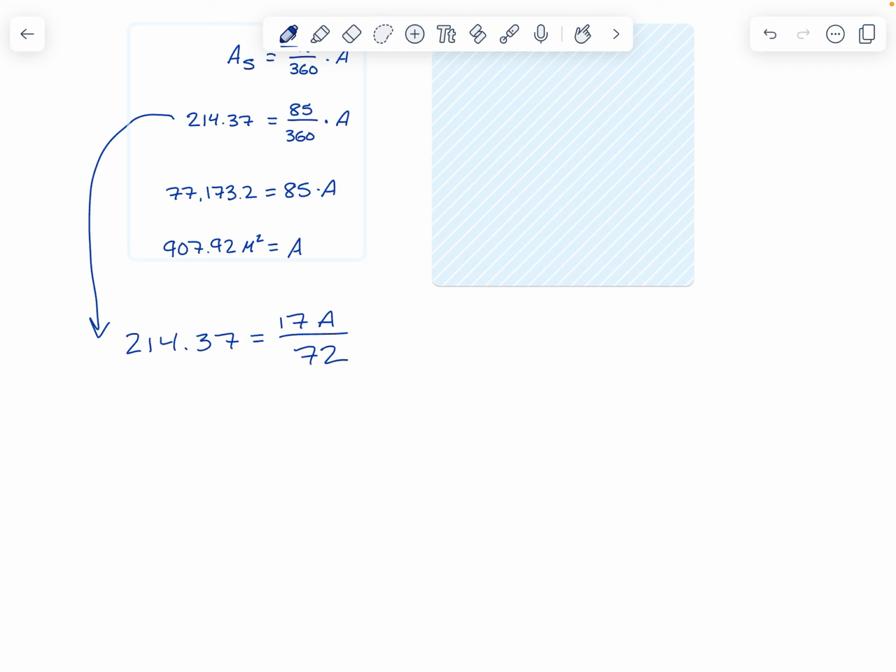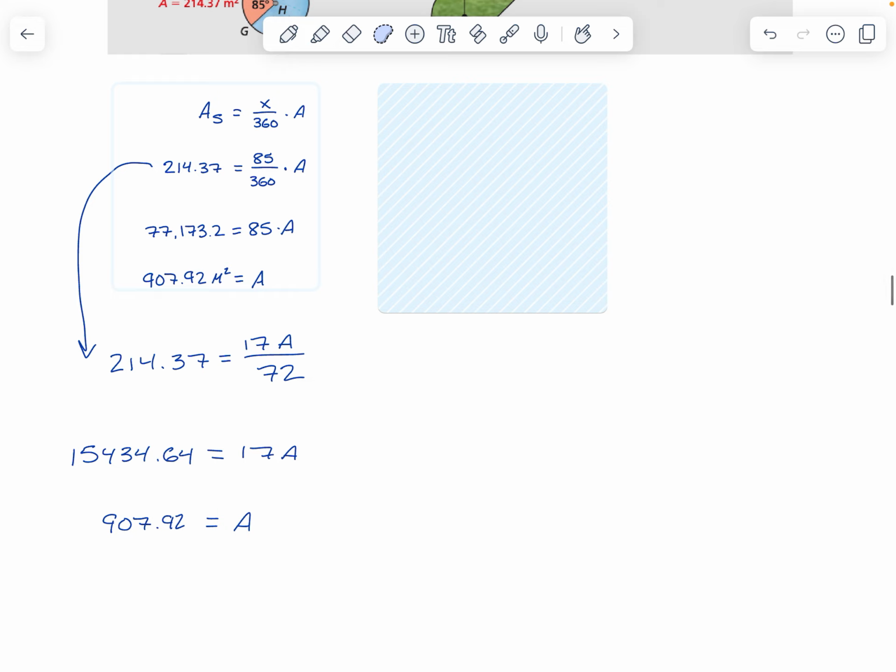This one I can't do in my head. 214.37 times 72 is 15,434.64, which is equal to 17a. I divide both sides by 17, and I get an area of 907.92. And in this case, it would be meters squared.